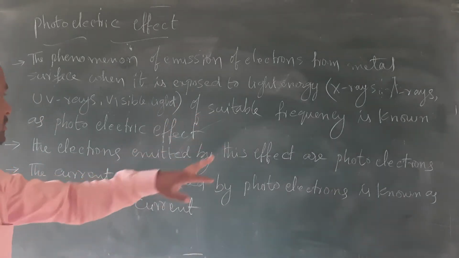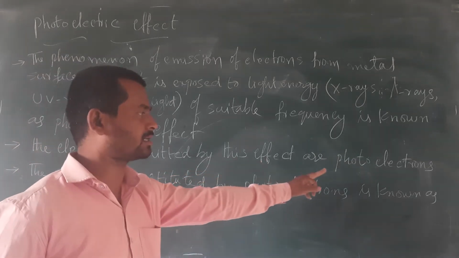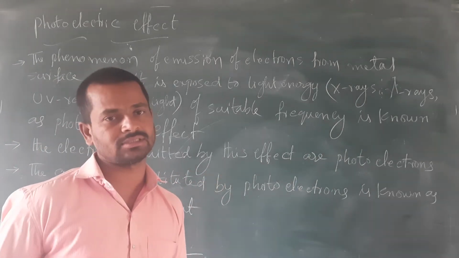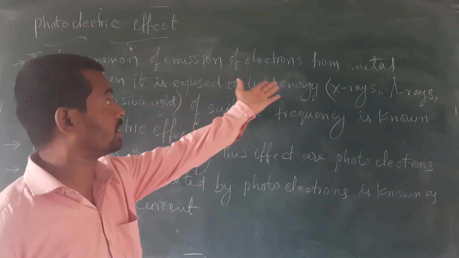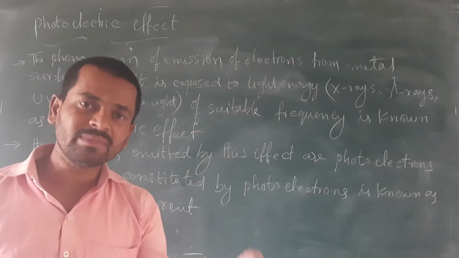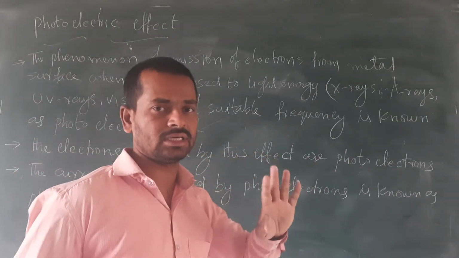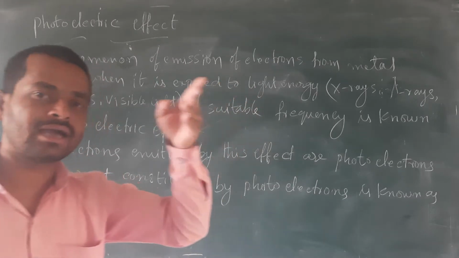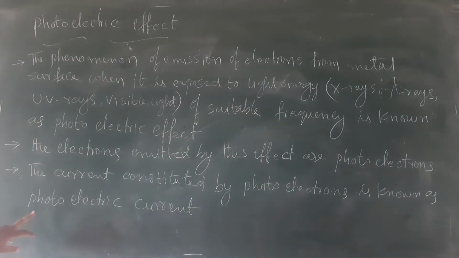The electrons which are emitted in this effect are known as photoelectrons. So in the definition, electrons are emitted, and those emitted electrons we have to call photoelectrons. The current constituted by these photoelectrons is called photoelectric current.